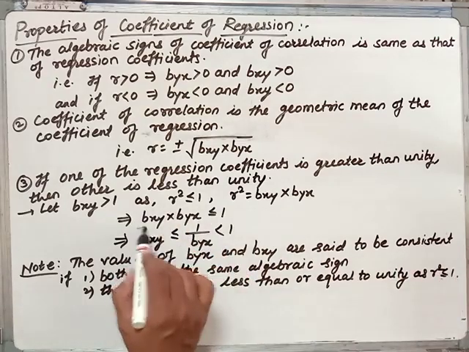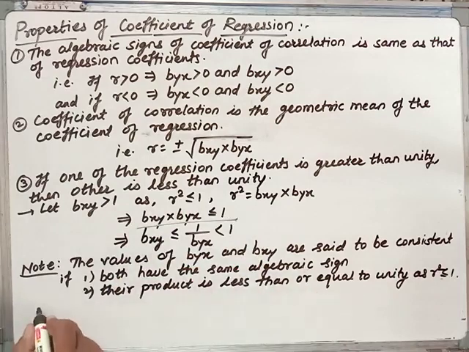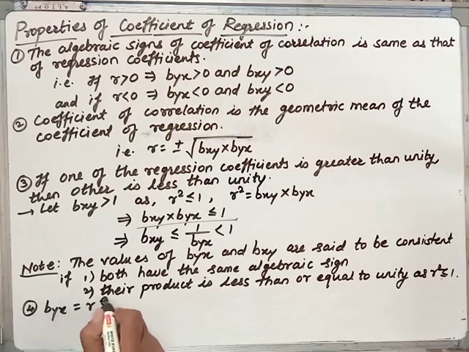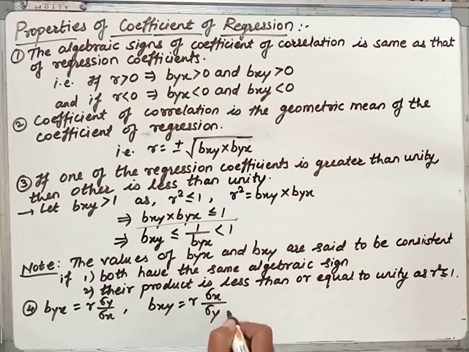The same thing I have mentioned here. Both must have the same algebraic sign, and you know this one thing, byx is r sigma y by sigma x, and bxy is r sigma x upon sigma y. Remember these. These are the properties of coefficient of regression.